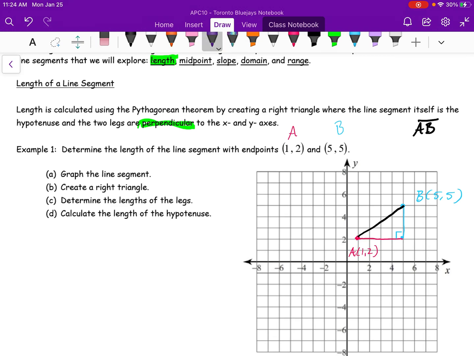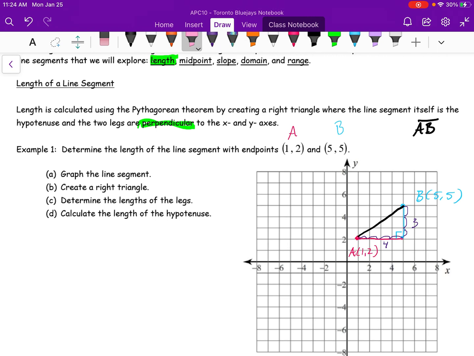And then, very simply, I can ask myself, how long is the horizontal or the pink side of this triangle? Well, it's 1, 2, 3, 4. It's 4 wide. How tall is this triangle, or what is the length of the blue? It's 1, 2, 3.